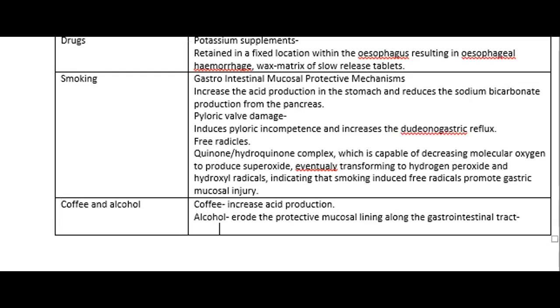And if they both get damaged because of the coffee and alcohol, then what happens? There is further inflammation and bleeding of the GI tract.